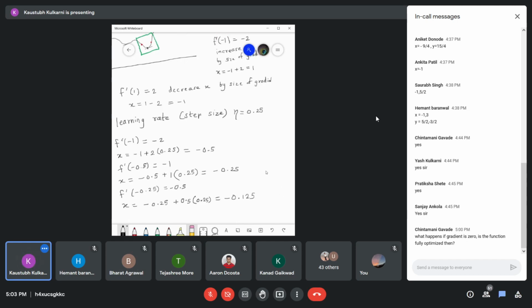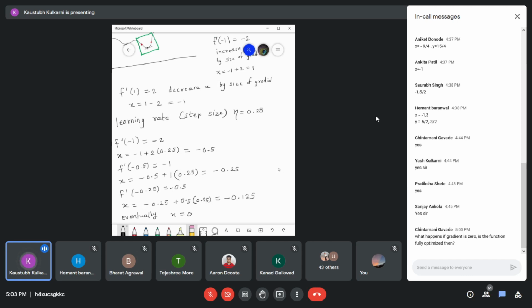Eventually we'll reach x equal to 0, and we can say this because this is a known function, and we know what is happening basically. But assume that it was an unknown function and you are performing this process on it. You stop it when the gradient of the loss function.